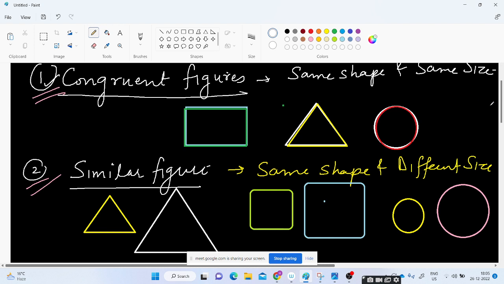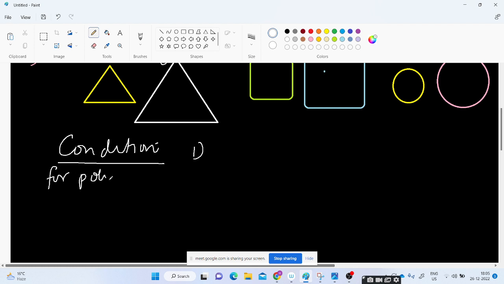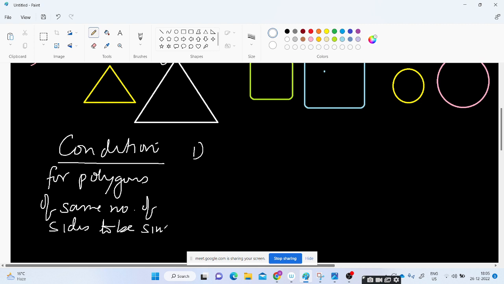So now there are conditions for two polygons of the same number of sides to be similar.